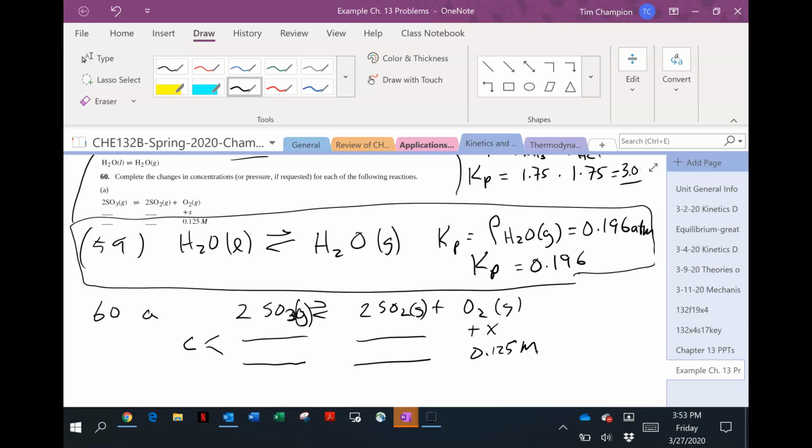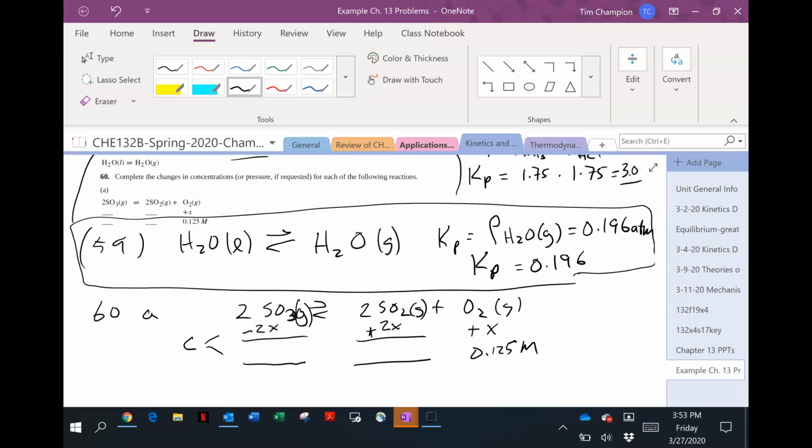So from the first change line, if O2 is plus x, then SO2 must be plus also, because it's a product. And so if one product's plus, the other product's plus 2x for SO2. And then we're going to have minus 2x for SO3 because it's going down. It's a reactant.